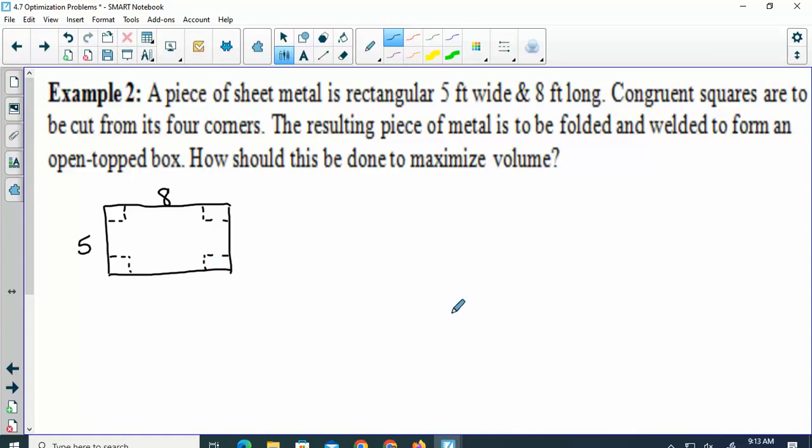The resulting piece of metal is to be folded and welded to form an open-topped box. So what happens is we cut off those corners and you're left with something that looks like this. And so then if you fold all of these tabs up, we create a box.